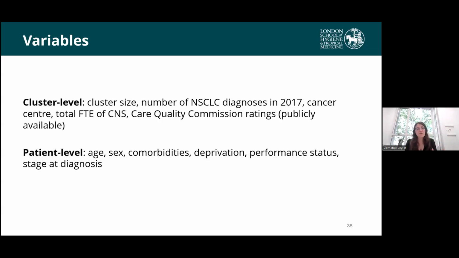There are different components, whether they use the resource well, whether the patients are safe, and so on, that capture how well the trusts are doing. Because we saw that maybe more resources and more nurses were allocated to trusts that were not performing very well. And we also had patient-level characteristics: age, sex, comorbidities, deprivation, performance status, and stage at diagnosis.